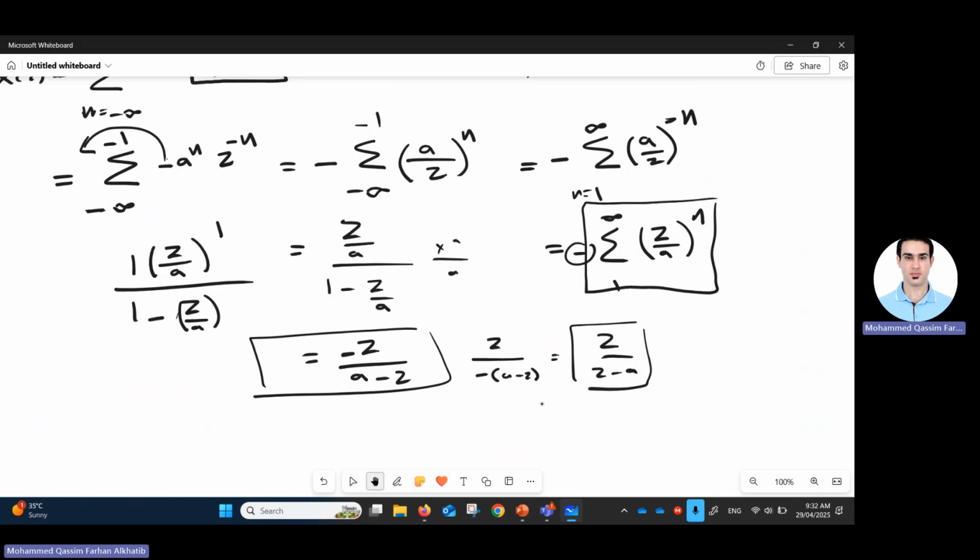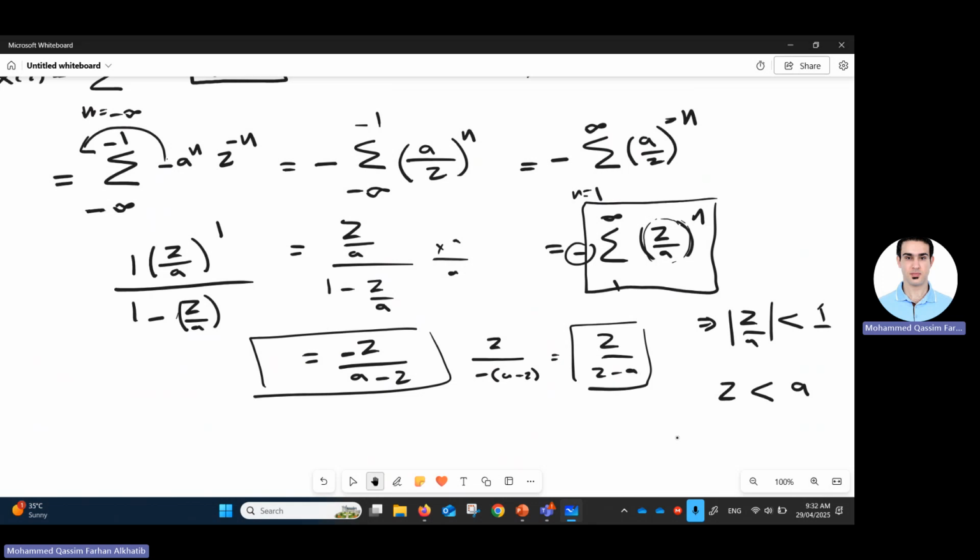All right, now what about the region of convergence for this expression? As I mentioned, the region of convergence is the values of this expression that make the summation summable. Basically, the absolute value of z over a should be less than 1. So |z| less than |a|.